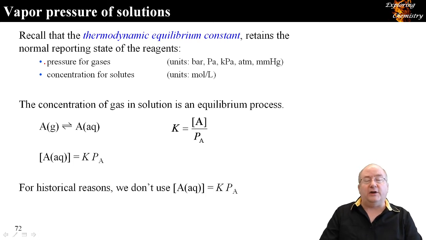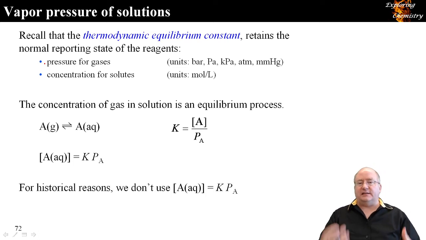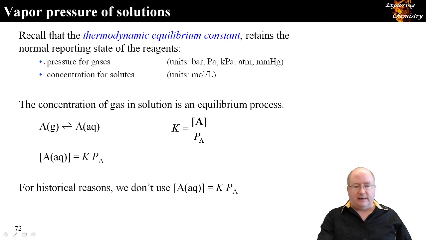Unfortunately, we don't use that. The study of vapor pressure was not linked to equilibria until much later, and the historical methods using what's called Raoult's law and Henry's law still are applicable, and that's what we're going to be looking at now.